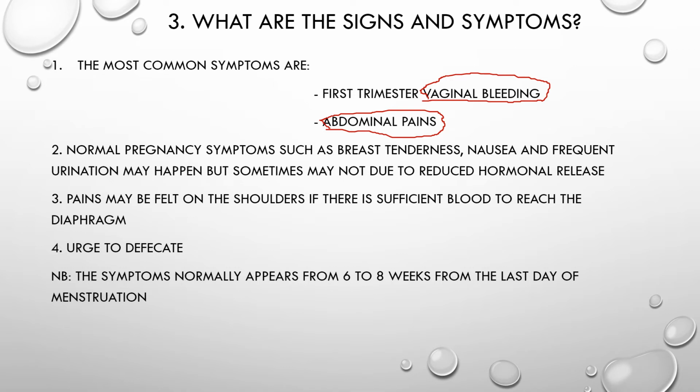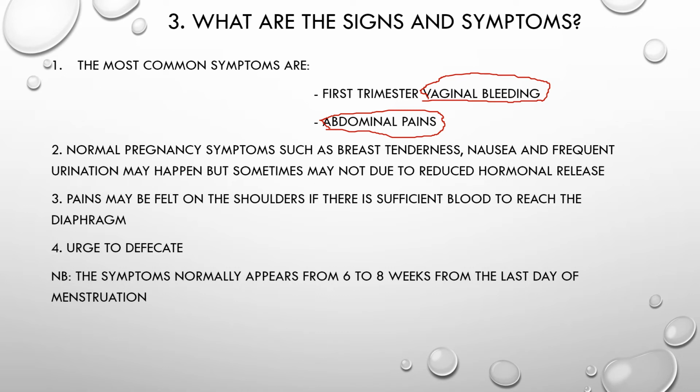Then there will be an urge to defecate. Defecate means going to do number 2 or to pass stools, so it depends how you call it. Why do you feel the urge to defecate or to go to the toilet to do number 2? It is because the uterus is in line with, or attached against, the rectum, maybe you can say the pipe for feces.